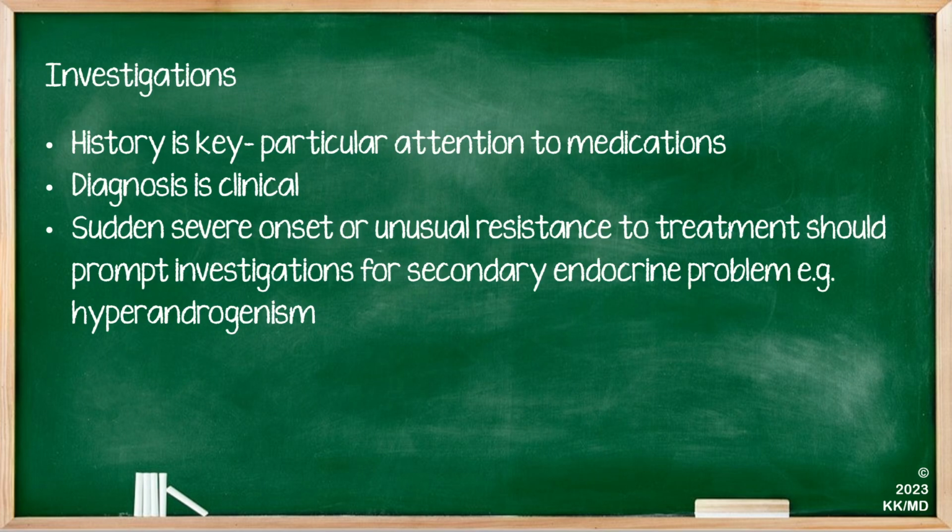History is key, with particular attention required to the medications, as these can cause drug-induced acne, as we will find out on a later slide. Diagnosis is clinical. Sudden severe onset or unusual resistance to treatment should prompt investigations for secondary endocrine problems, such as hyperandrogenism.